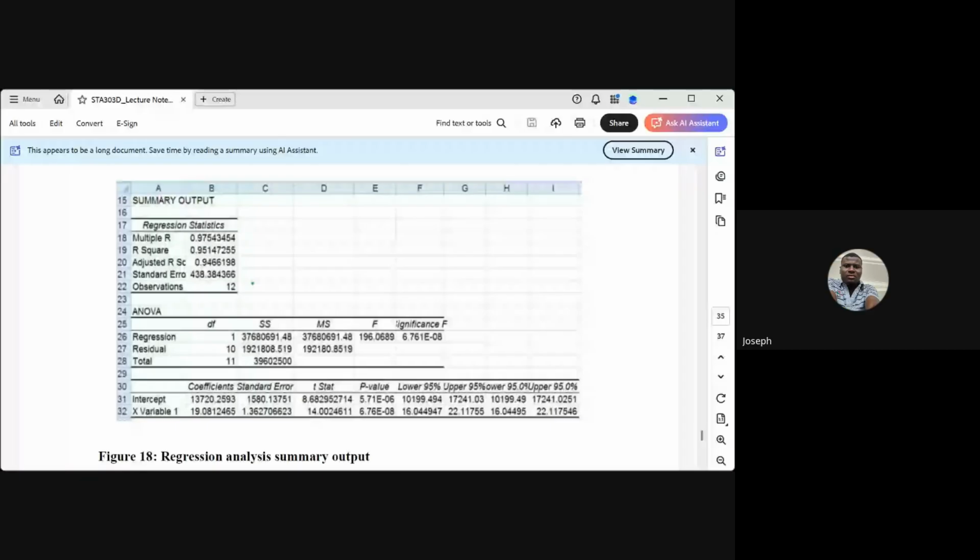Hello, Doc. Good afternoon. Good morning, rather. Doc, next week we should be writing our quiz, and I want to find out the units that we should cover for the quiz. Is it units 1 and 2, or should we cover up to unit 3? So this year you are writing 2 quizzes. Quiz 1 will cover units 1 and 2.